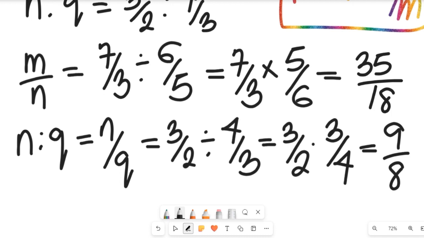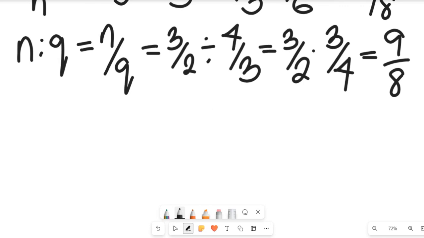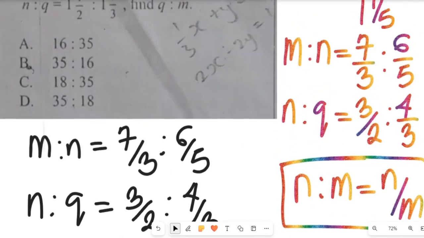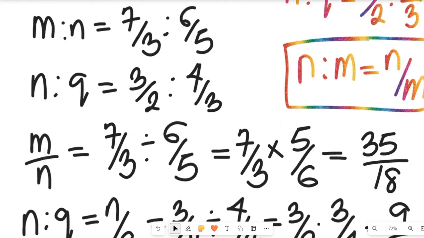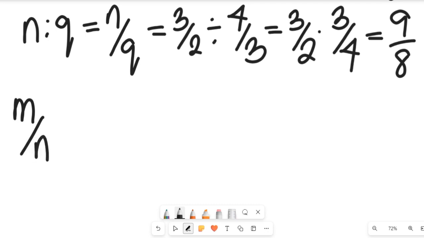Great. So now let's look at those two expressions very well. Remember we are asked to find the value of q ratio m. For us to find the value of q ratio m, we need to take m divided by n and multiply it by n divided by q.